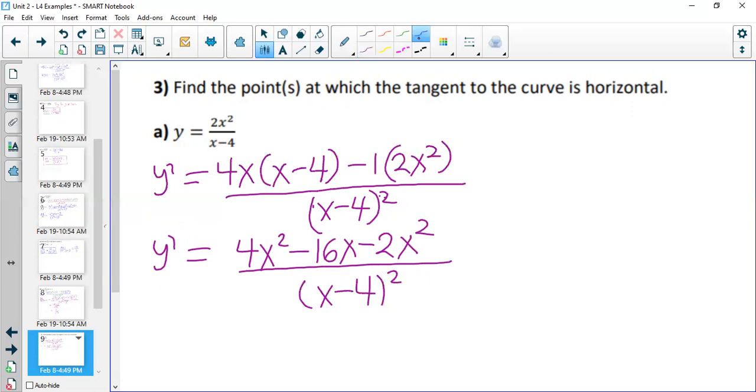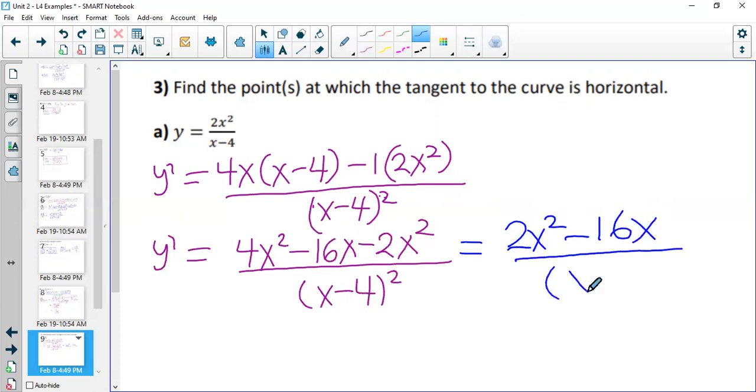Now, if we factor the greatest common factor, which is 2, oh wait, sorry, no, we can simplify this to 2x squared minus 16x over x minus 4 squared. But notice something.